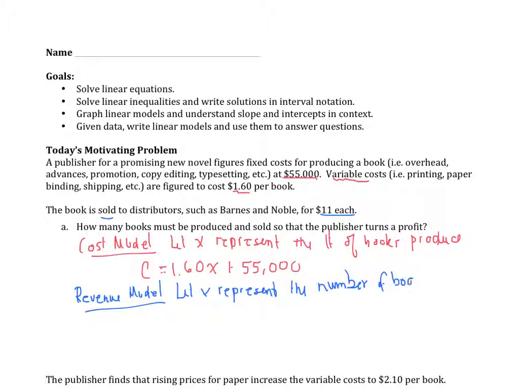So what we're trying to do now is find the model for the revenue, and in this case, we called it R. And we said, well, revenue is really 11 times X, because each book is being sold for $11. X is the number of books, so 11 times X is actually the model.